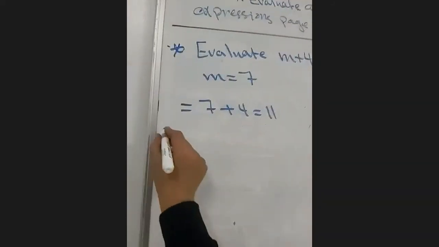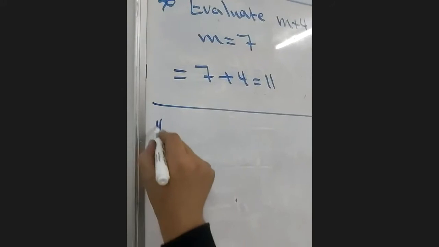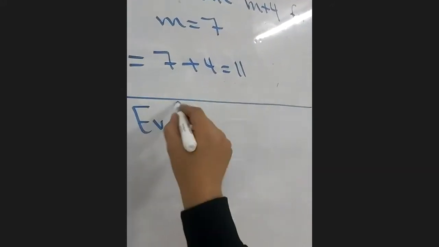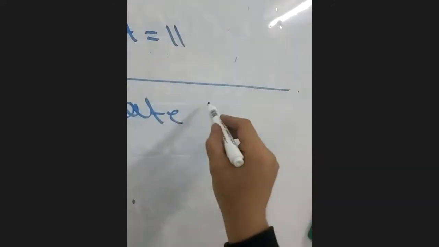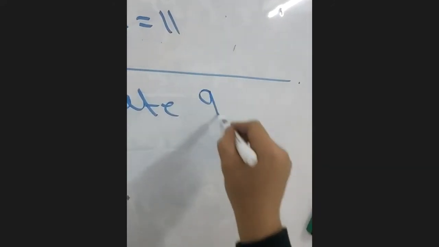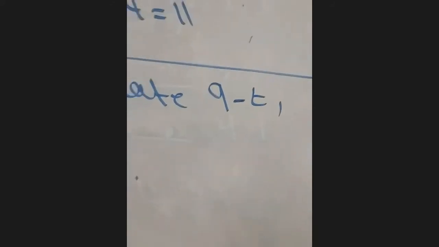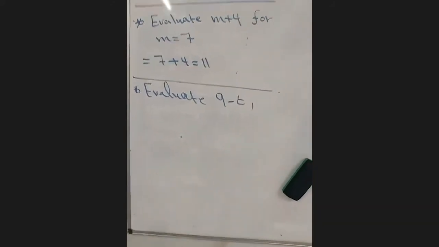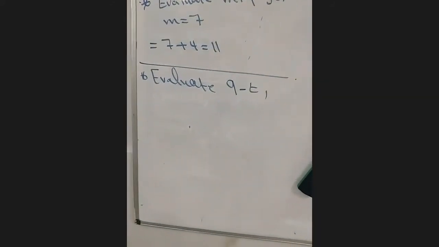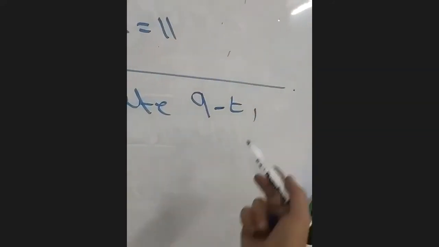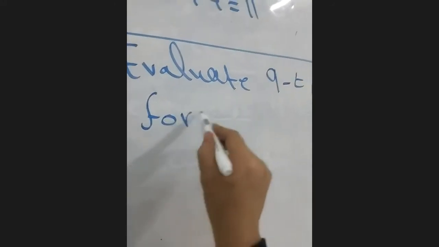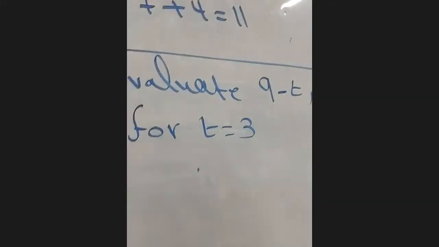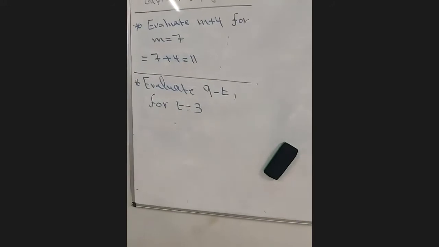For example, evaluate 9 minus t. Do we know t? No, it's an unknown value. But the question will now give you the value of t. For t equal 3. Now, how will I evaluate, guys?